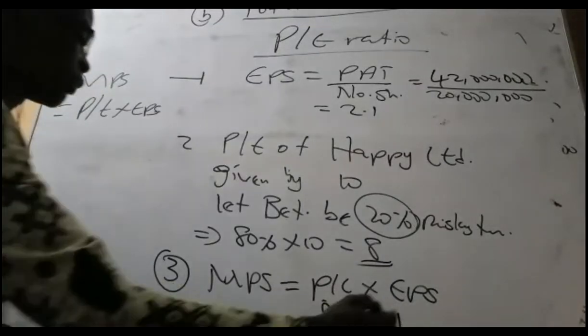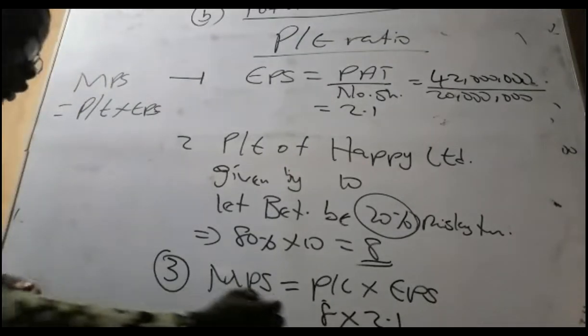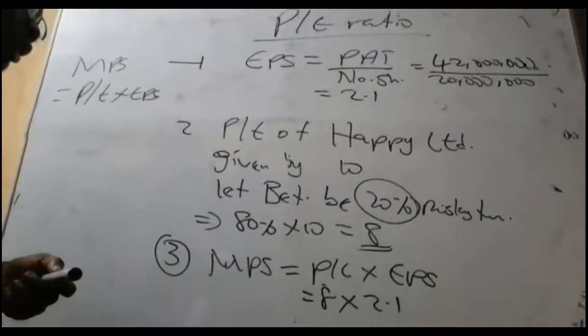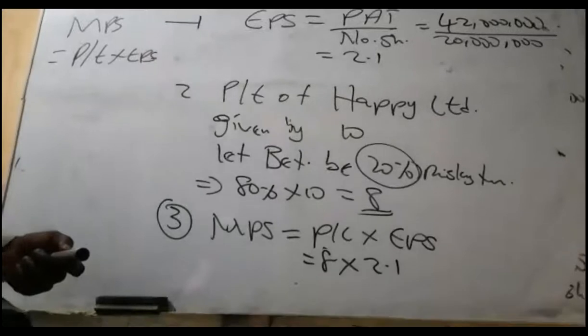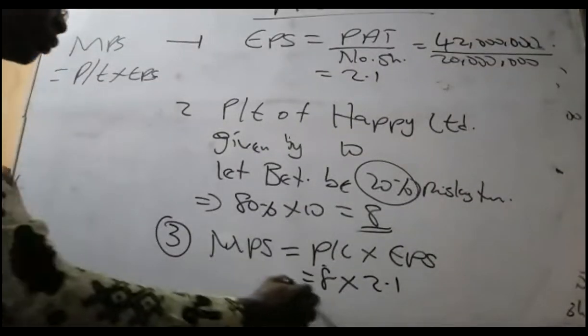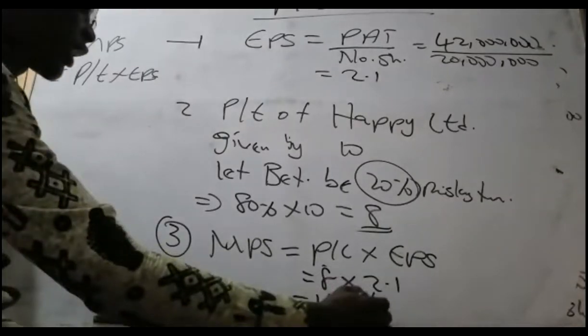So the market price will be 8 times 2.1, which is 16.8 per share.